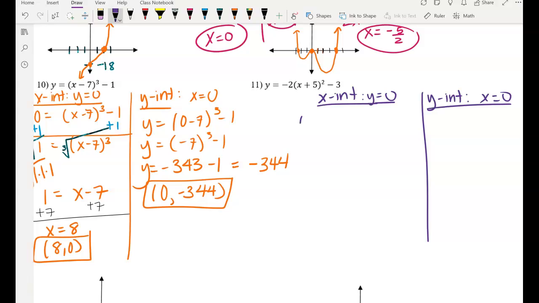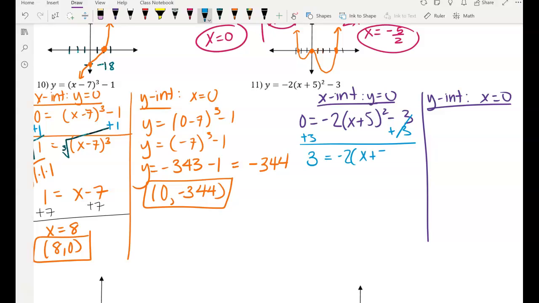Okay, so 0 equals negative 2 times x plus 5 squared minus 3. Step number 1, did we add 3 to both sides? After we add 3, guys, what do we do next? Okay, what's next? Divide by negative 2. Think of it like an absolute value, except the absolute value, whatever comes out of it, is positive.